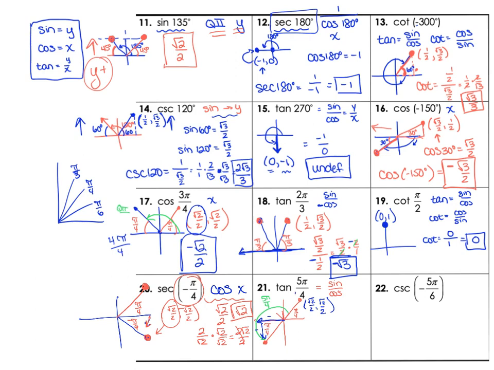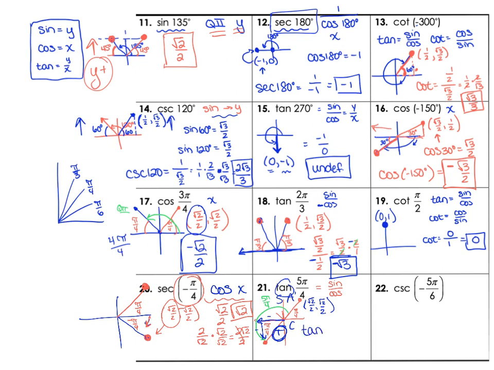What we also know is that if we remember the acronym all students take calculus, we know right away that tangent is the only trig function that's positive in quadrant 3. So we can look at it that both the sine and the cosine are negative, or we can just forget about it and remember that if we're talking about tangent, it's going to be positive in quadrant 3.